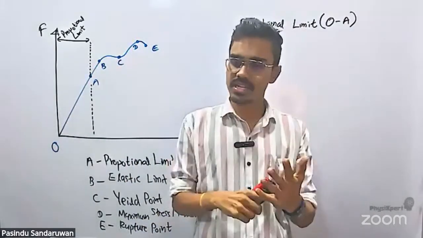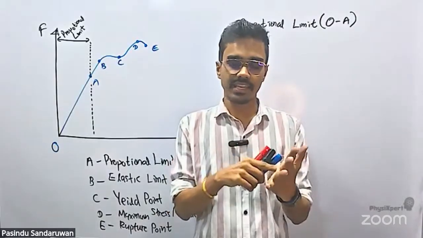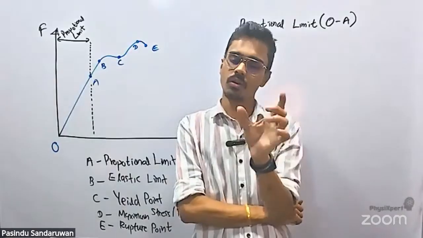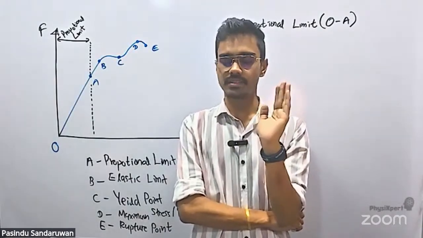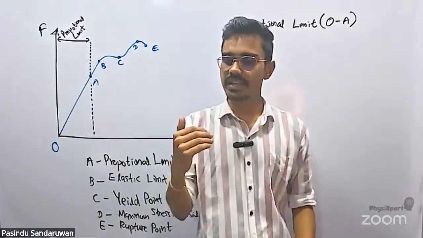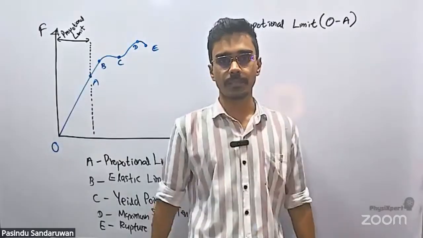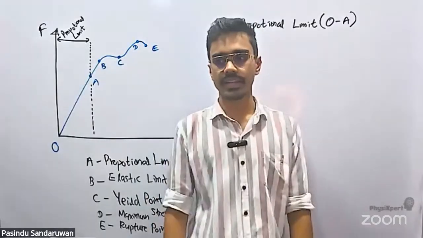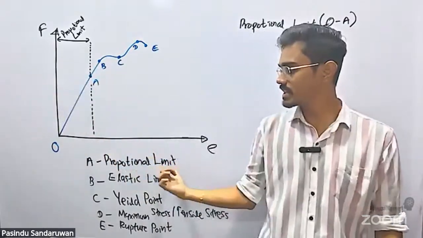About the proportional limit. The reason is Hooke's law is applicable only up to proportional limit. Which means this ductile material follows Hooke's law up to its proportional limit. The point of proportionality means proportional limit.